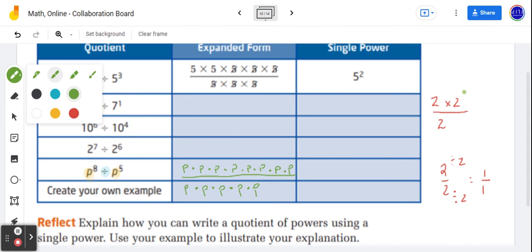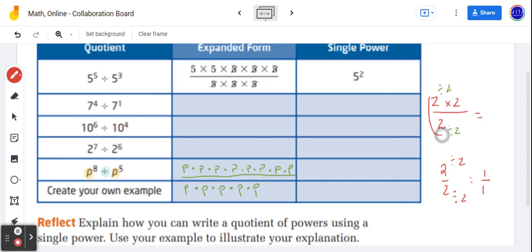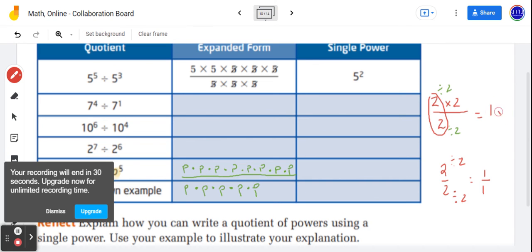What you do to the bottom, you do to the top. If I choose to reduce this 2 over 2, so divide that factor of 2 by 2 and the denominator by 2, we end up with the following. You'll notice that this first pairing of 2's is going to reduce to 1 over 1, or 1 times 2 over 1, for a grand total of 2.